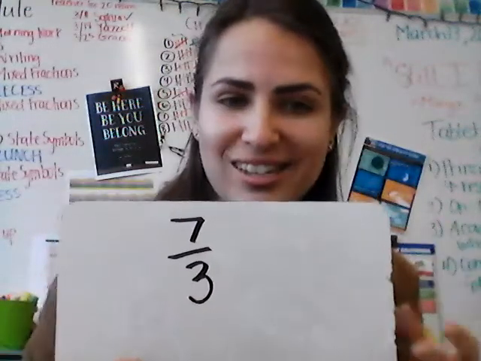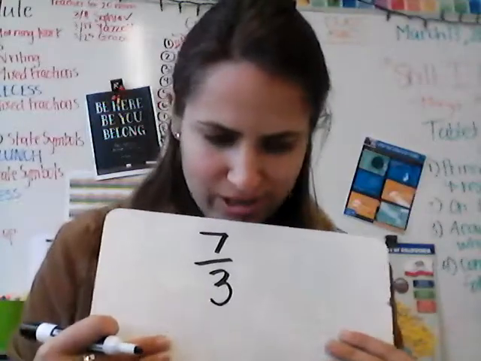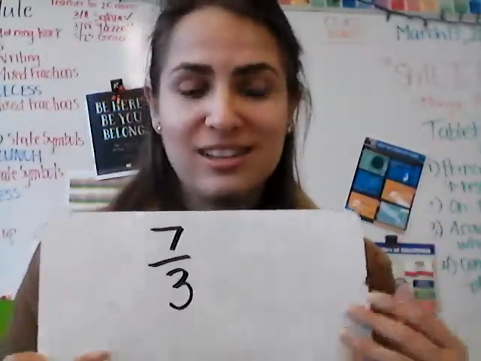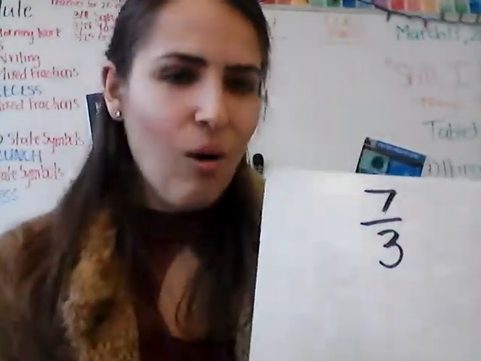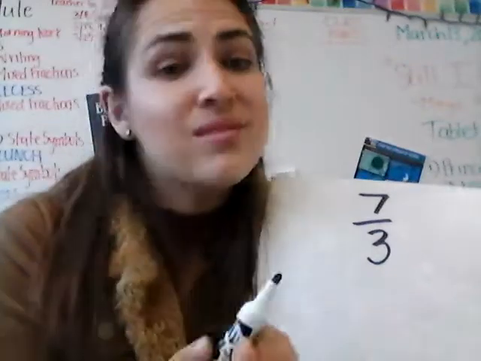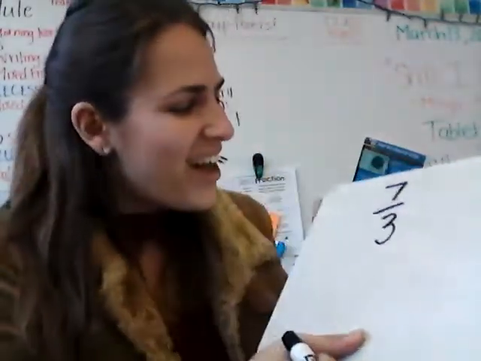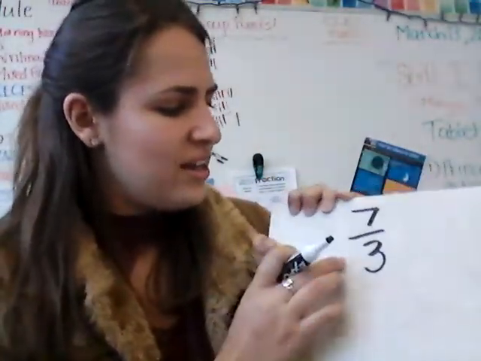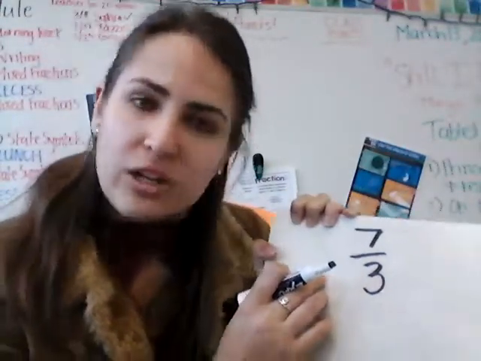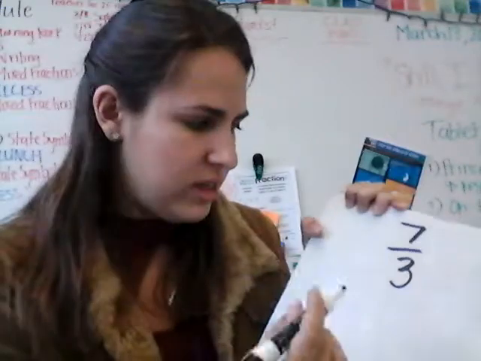In the problem we just did, when we broke apart 7/3, we found that there were 2 wholes. And 1 whole for 7/3 would be what? Yes, 3/3. So we know from the last problem that there are 2 wholes in here.